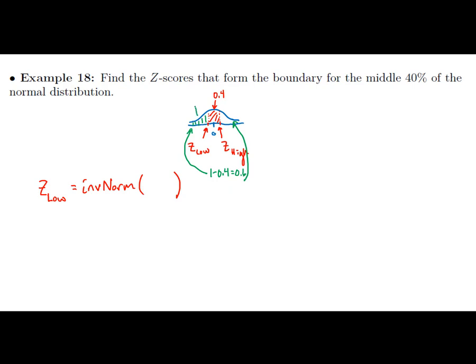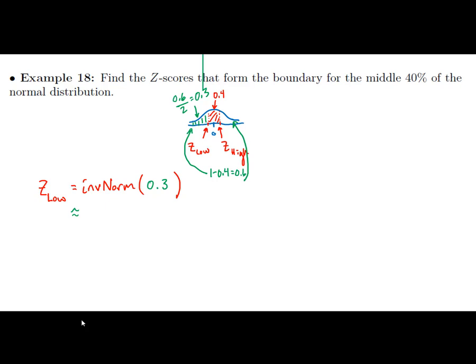So of course, just this green part on the left is going to be half of that. So that'll be 30%. And so that's what I'm going to put in to my inverse norm, is the proportion to the left of this low z-score.